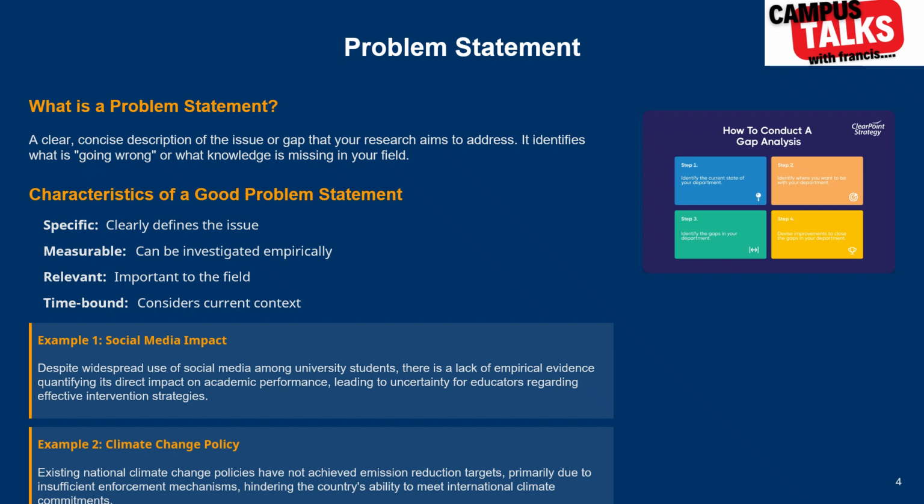For the climate change study, you can have: existing national climate change policy has not achieved the emission reduction target, primarily due to insufficient enforcement mechanisms, hindering the country's ability to meet international climate commitment. Now, remember, this is a full thesis that you're writing. I'm just giving you a line to give you an idea, but in reality, you're expected to expand.